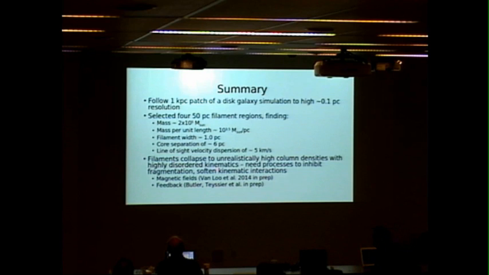And basically what we conclude is these filaments have collapsed to unrealistically high densities with highly disordered kinematics. And we think that we need some processes to inhibit the fragmentation of these filaments. And we think some combination of magnetic fields and feedback will help us do that.